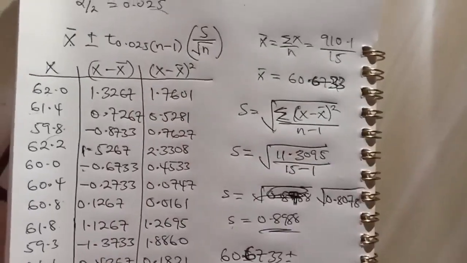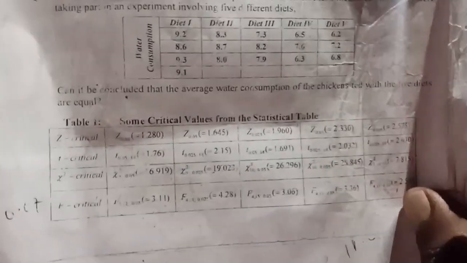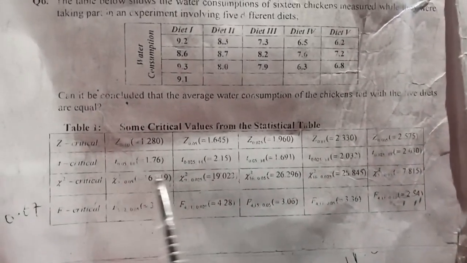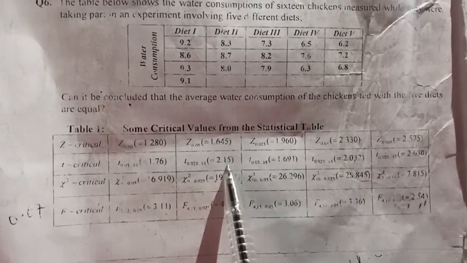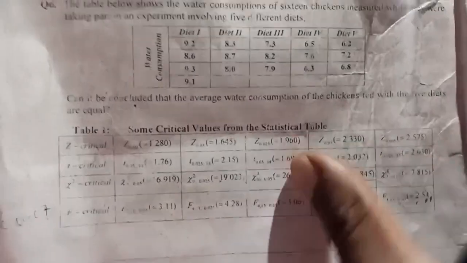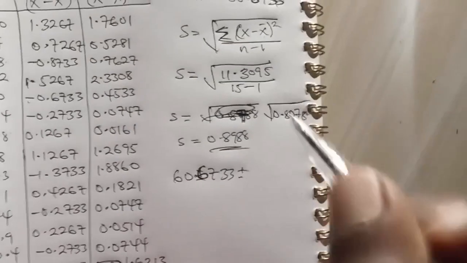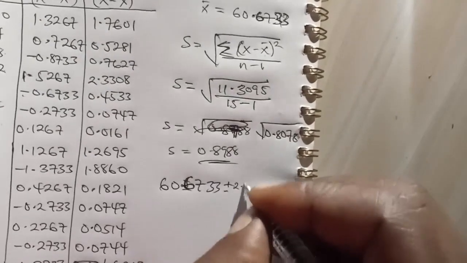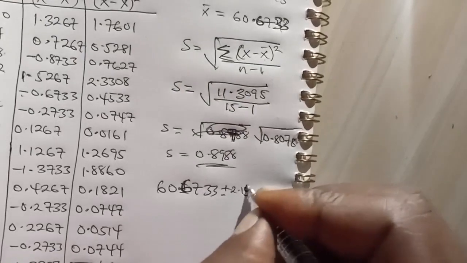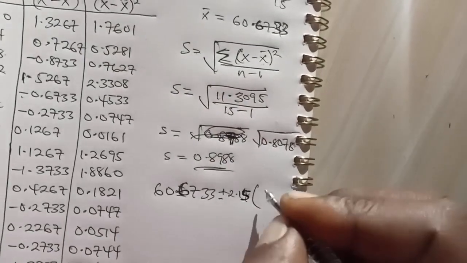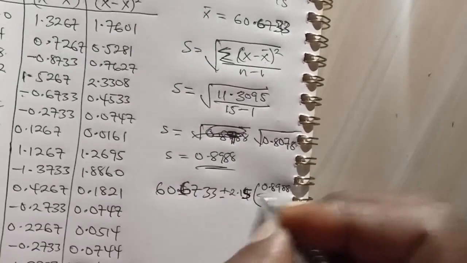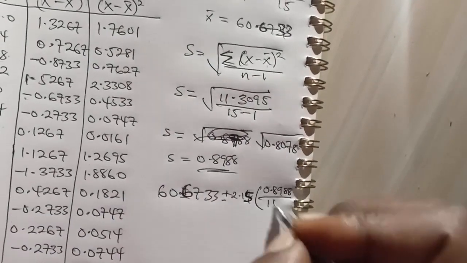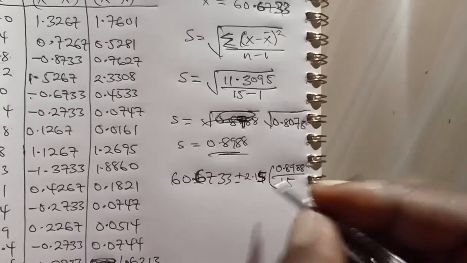So we check on the table. t 0.025 under 14 is 2.15. So we have 2.15 times our standard deviation, 0.8988, over the square root of n, which is 15.